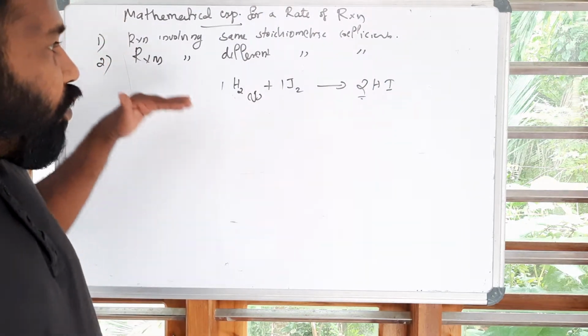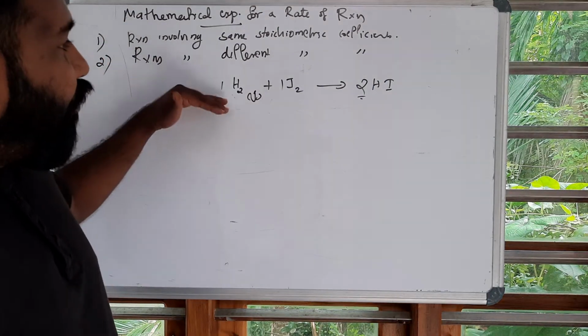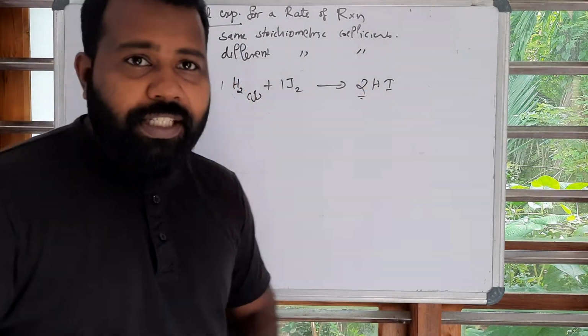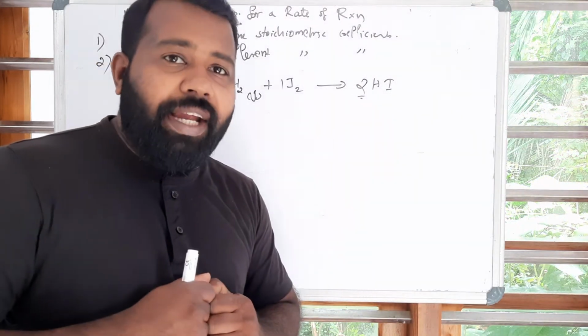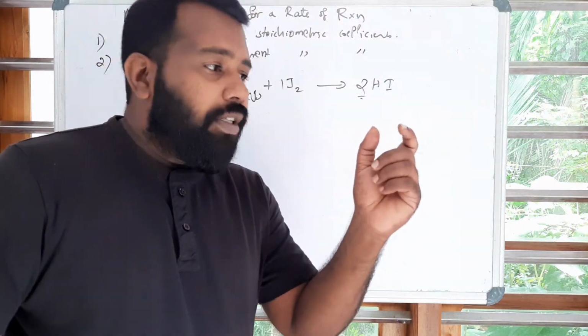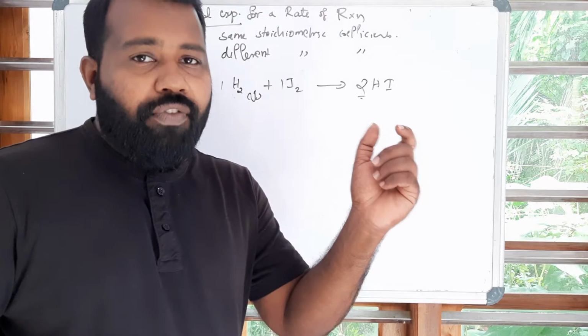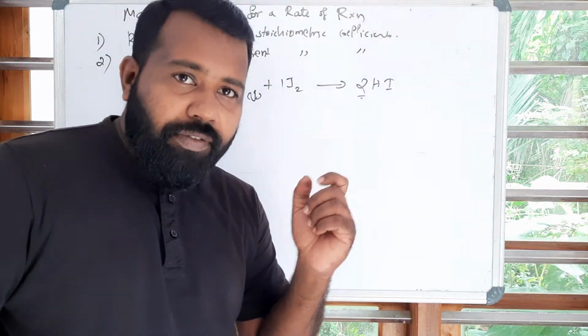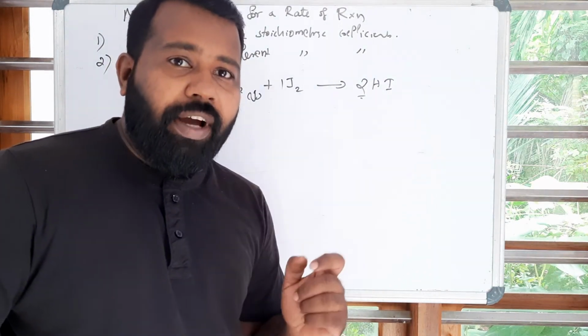So to avoid the difference, we need to divide the rate of change of concentration by their coefficients.